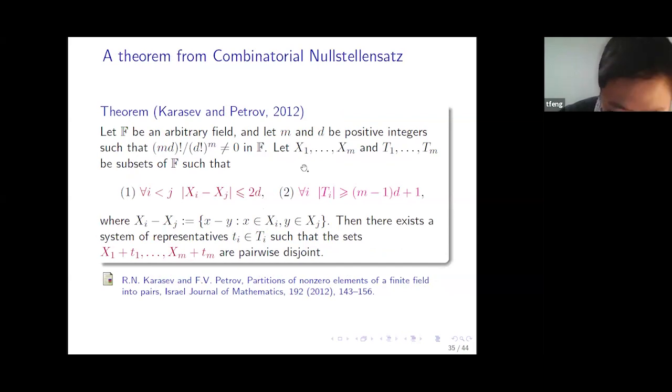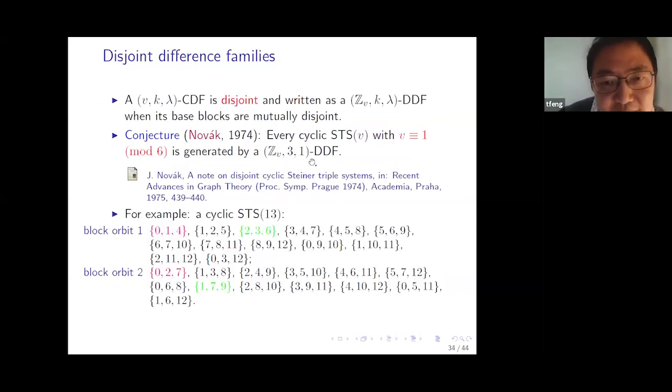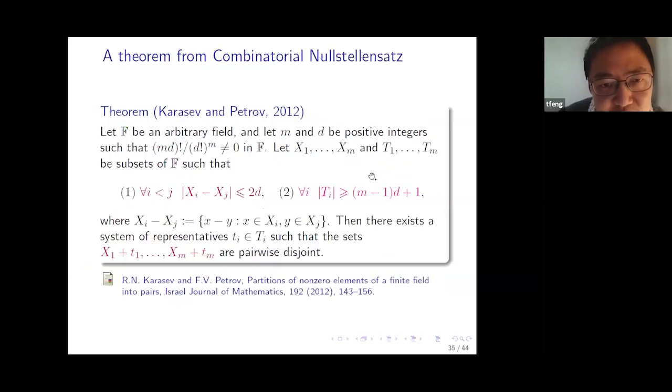I can show that this conjecture is true when the order v is a prime, simply using the following interesting theorem given by Karasev and Petrov in 2012. Let F be an arbitrary field, and let m, d be positive integers.